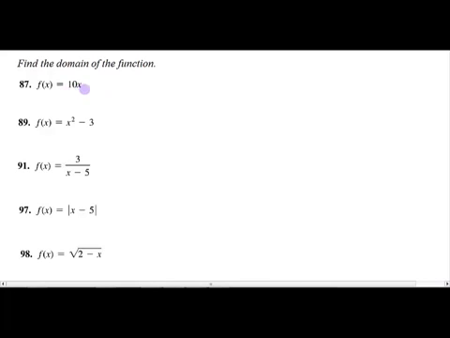For this first problem, f of x equals 10x, the domain is going to be quite simple, just negative infinity to infinity. We don't have a square root, and we don't have a denominator, so there's no chance that there are going to be any values on this that are disallowed for that function.